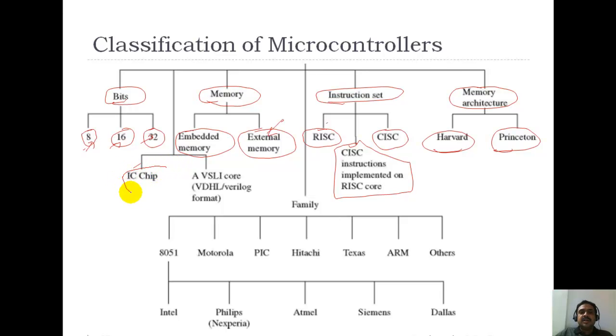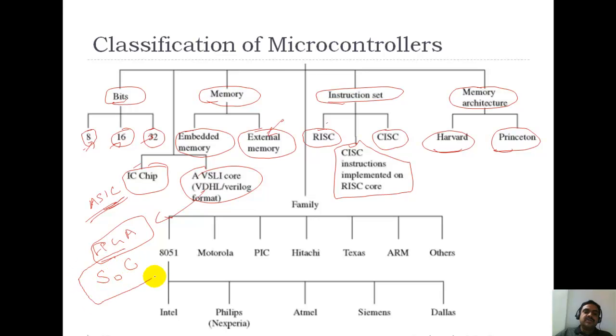Now, off late we can add one more set of classification. One is called ASIC, application specific integrated circuit, where once you design, the functionality is fixed. And the second one I can call FPGA, or field programmable gate arrays. We can even extend the technology to SoC, system on chip. So based on the way the microcontroller is constructed or designed, it can be an ASIC, FPGA or SoC type.